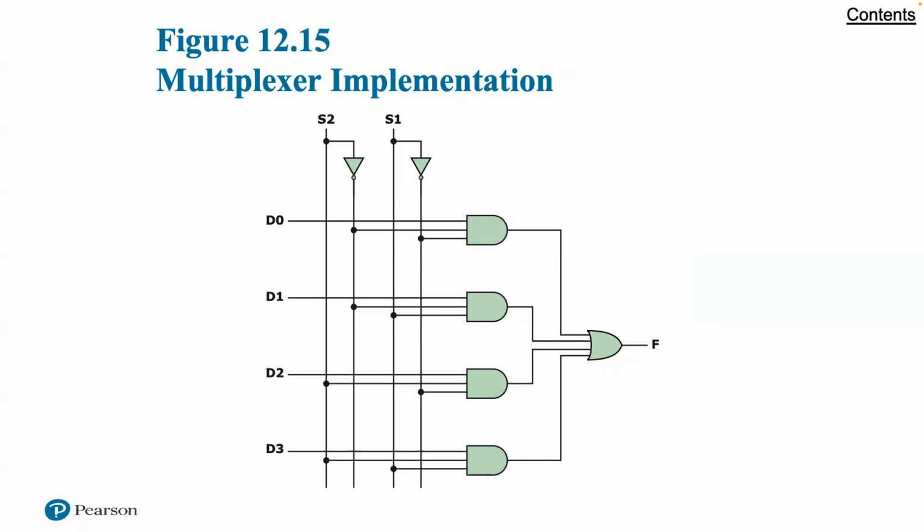S1 and S2 are connected to the AND gates in such a way that for any combination of S1 and S2, 3 of the AND gates will output 0. The 4th AND gate will output the value of the selected line, which is either 0 or 1. Thus, 3 of the inputs to the OR gate are always 0, and the output of the OR gate will be equal to the value of the selected input line. Using this regular organization, it is easy to construct a multiplexer of size 8-to-1, 16-to-1, and so on.